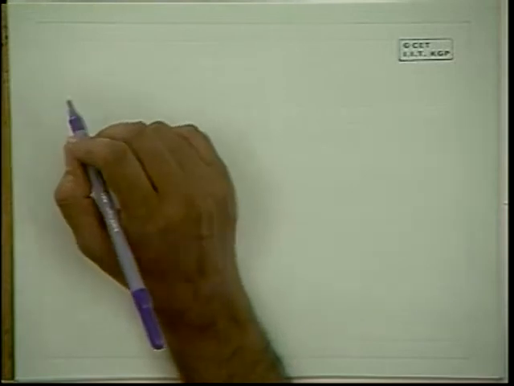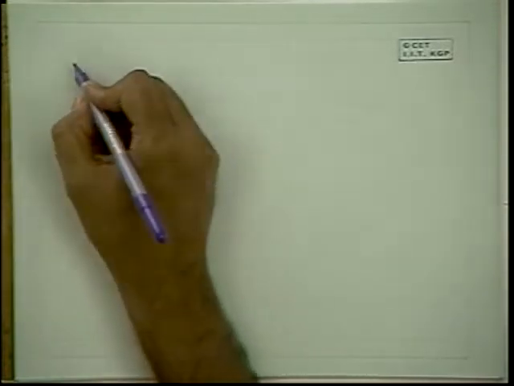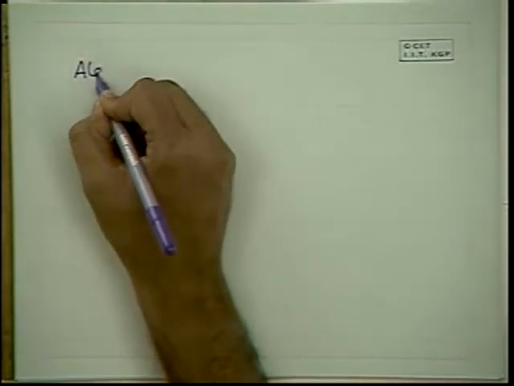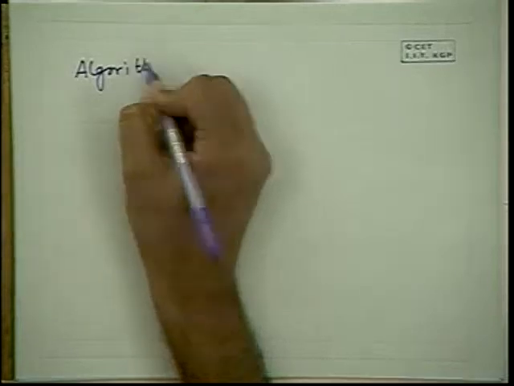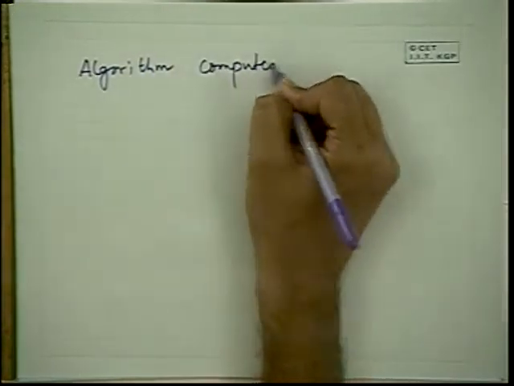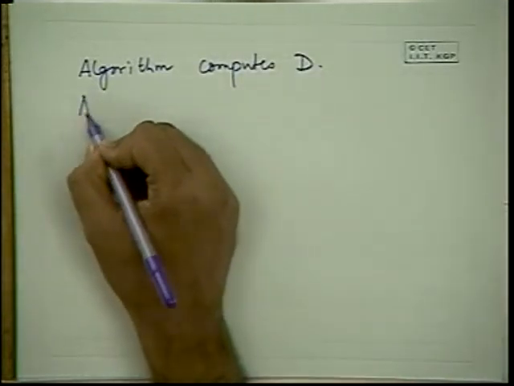Now, the Floyd Warshall's algorithm, the strategy is very simple. The algorithm computes the matrix D. How? It has several iterations.